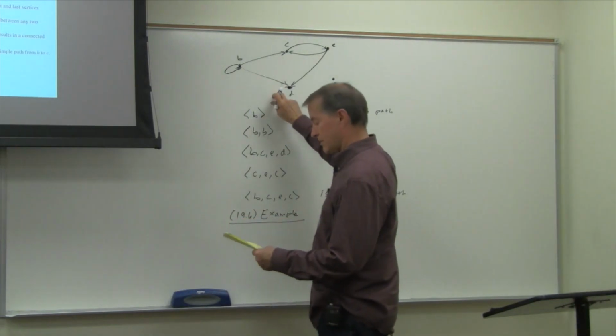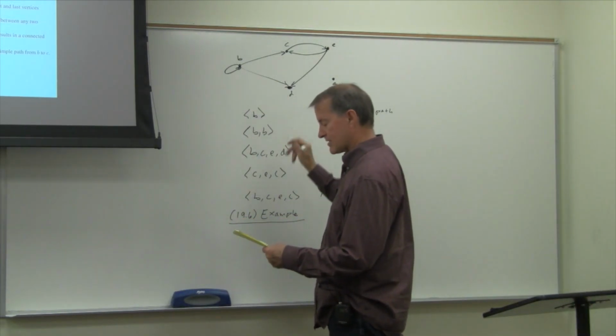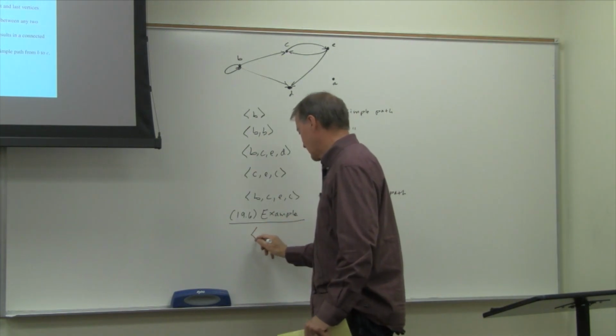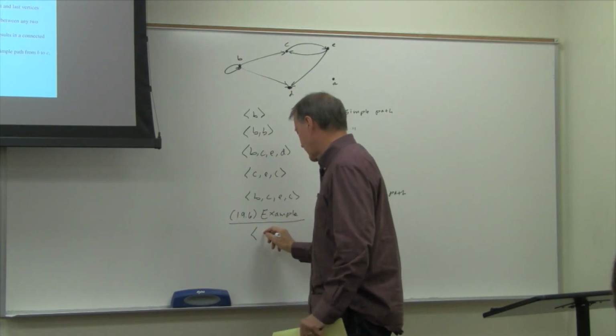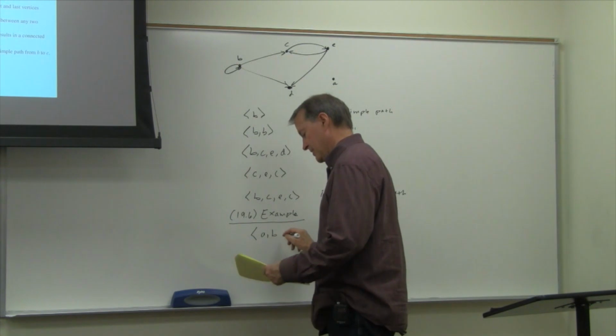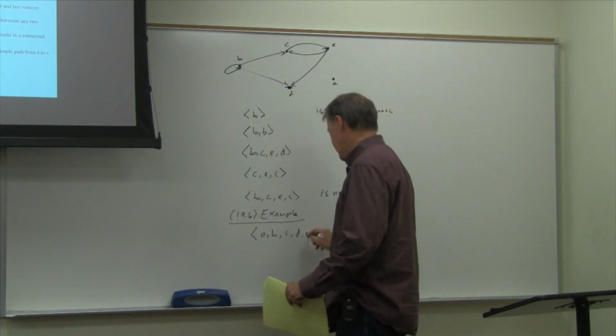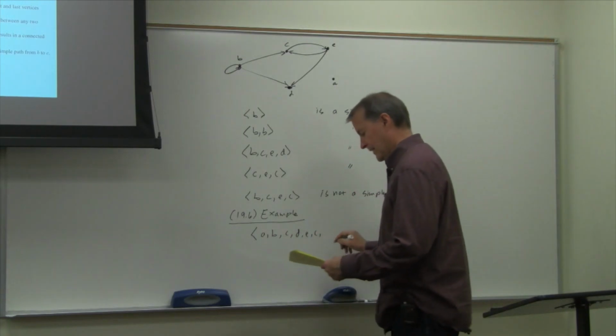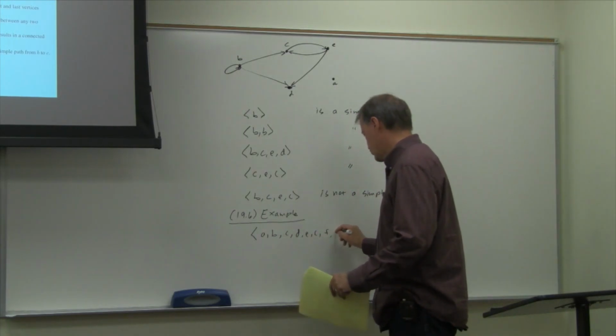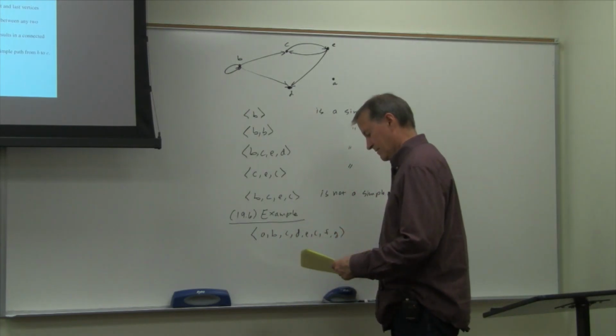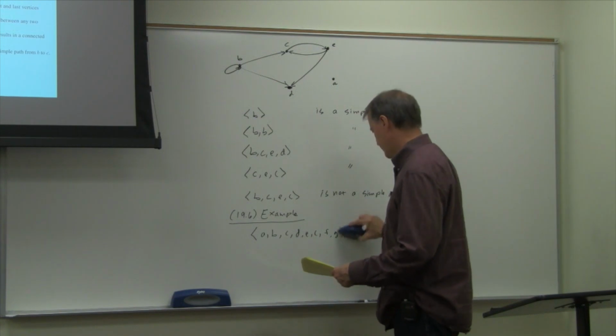Let's look at this. Is this a simple path? A, B, C, D, E, C, F, G. How does A get anywhere? It's not on that graph.